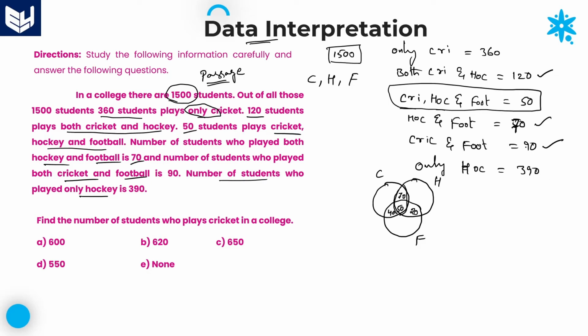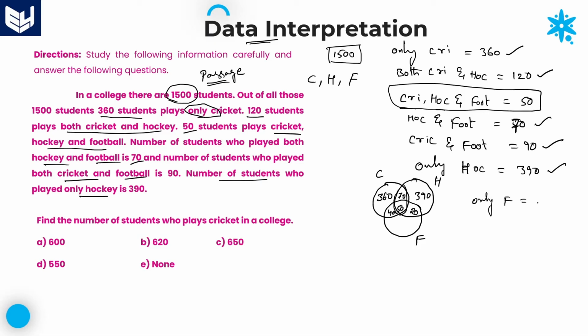Once it is done, you need to focus on only a single game. Only cricket is 360. This is the region of only cricket. Only hockey is 390. Now, from the given passage, we got all the values except only football.